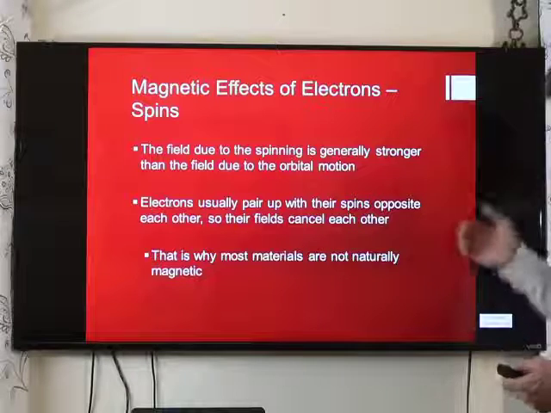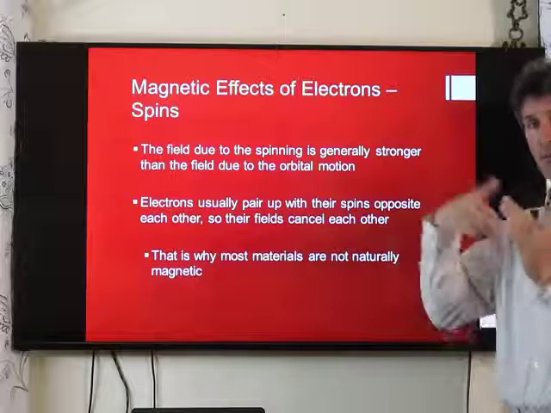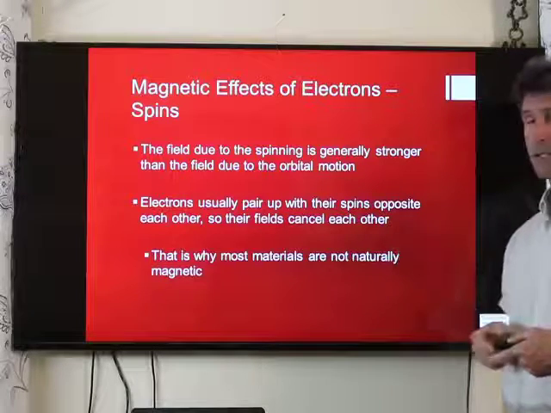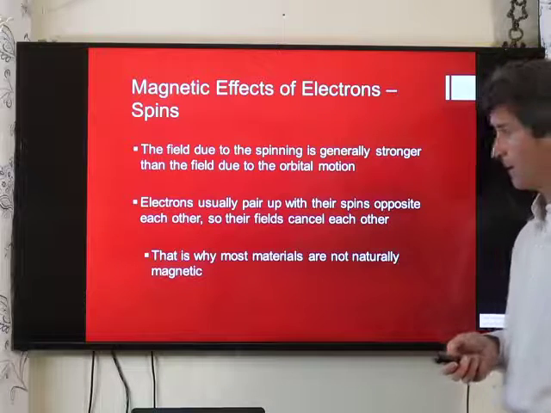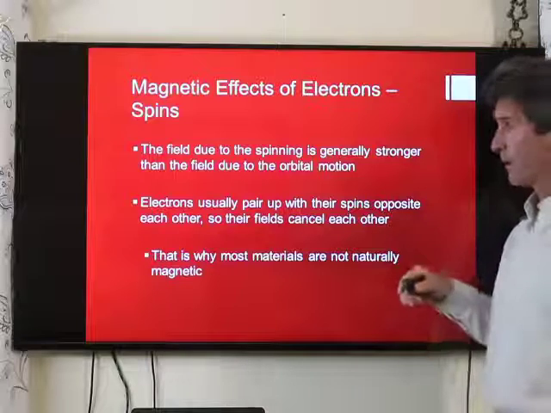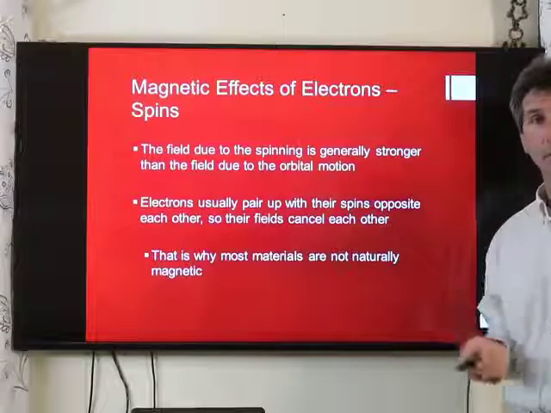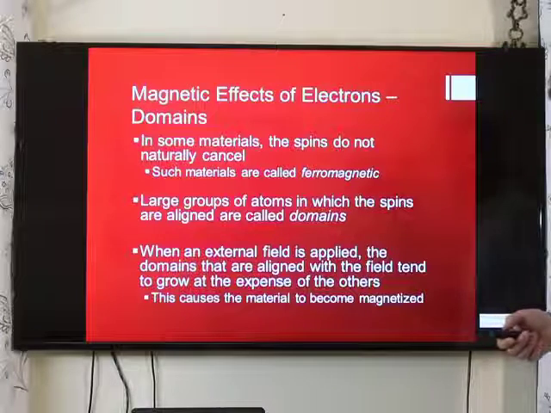Basically, with electrons, when they pair up, one spin up, one spin down, that typically knocks out any net magnetic field. It's when we have unpaired electrons, especially in the d and the f orbitals, that we get magnetic materials.